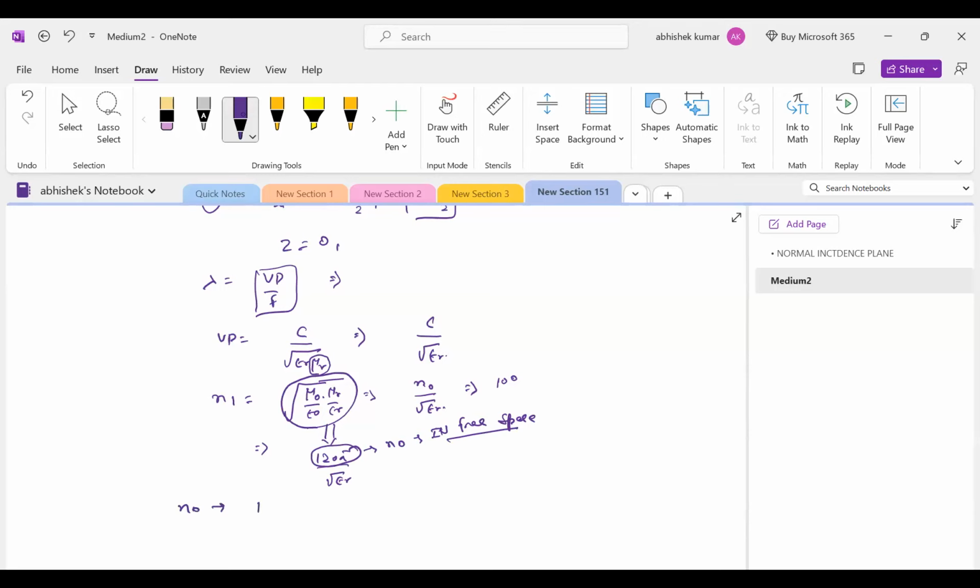Is that a set value or did you calculate that? We already know this: root of mu naught by epsilon naught. Till the last 2 days we were taking this equal to 377 ohm.